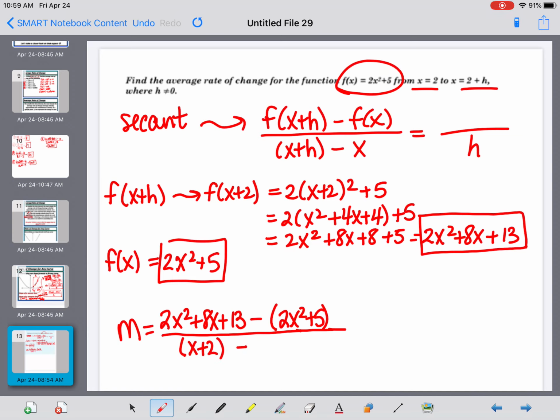Okay, so now x plus 2 minus 2. No, I'm sorry, not x plus 2. 2 plus h. Okay. So that is your x plus h minus x. So 2 plus h minus 2 in the denominator.